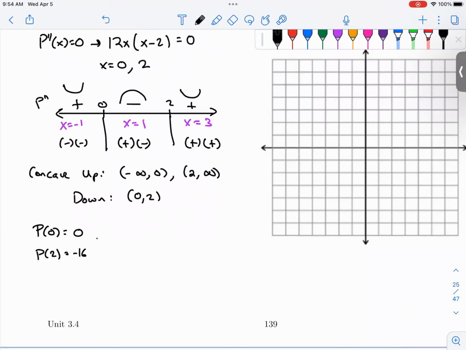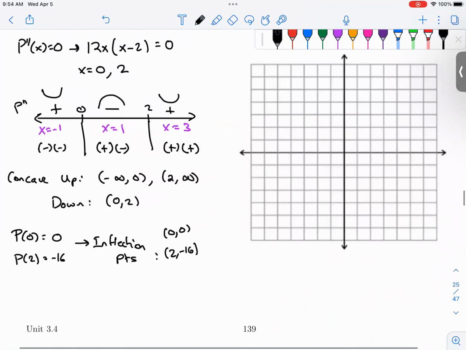So we have inflection points at (0, 0) and (2, -16). Actually, I need more space, so I'm going to put those here. So (0, 0) and (2, -16). So what we're going to do, now this is an arbitrary graph.